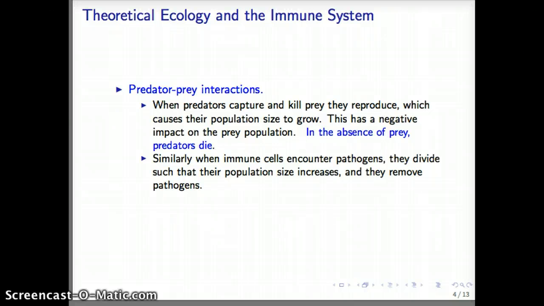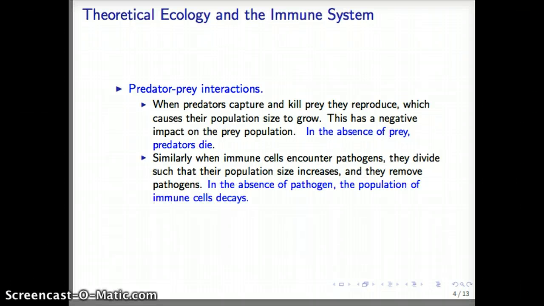Now, the analogy I'd like to bring to your attention is that in the immune system, there are cells that are part of the immune system that will find these so-called pathogens. Remember, pathogens are the persona non grata here. And these immune cells would divide and the population size of those cells would increase, and it would come to a point in which they remove these pathogens out of circulation.